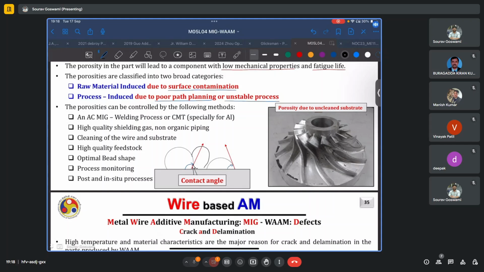Whereas for this other case, when we deposit the subsequent or adjacent bead, material already exists in this region, thus there is no porosity.